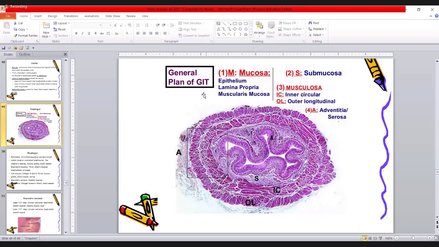It will be more centrally located or else towards the apex. What is centrally located? In serous cells, the nucleus is more towards the apex.